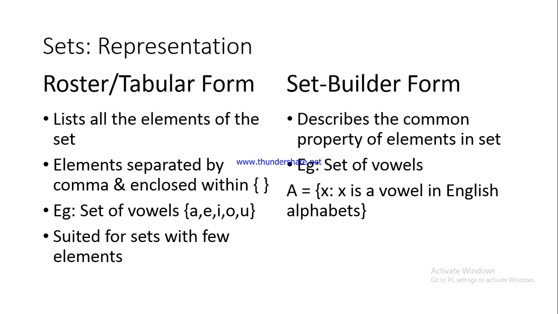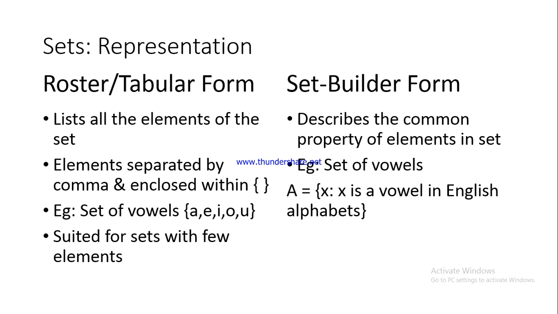A is equal to {x : x is a vowel in the English alphabet}. Now "such that" is for the colon sign. So A is equal to x such that x is a vowel in the English alphabet. So all the x's which are vowels in the English alphabet will be part of this set which is denoted by capital A.